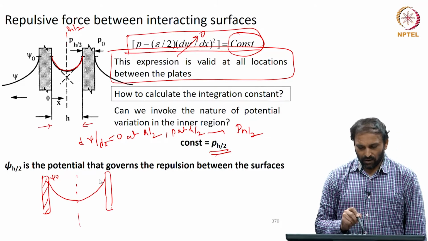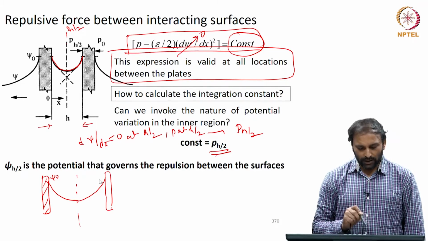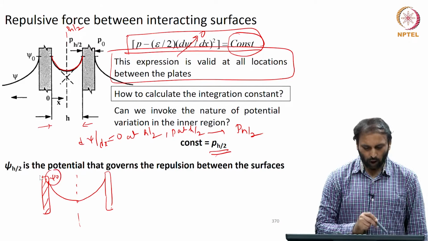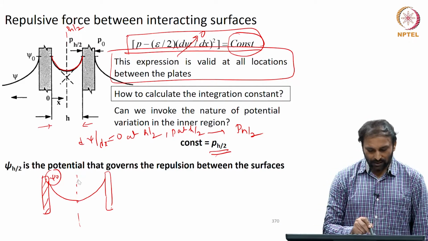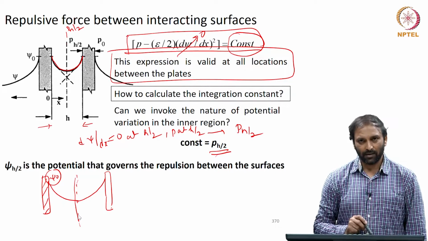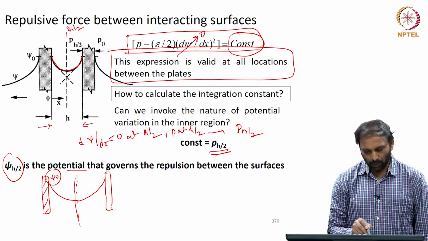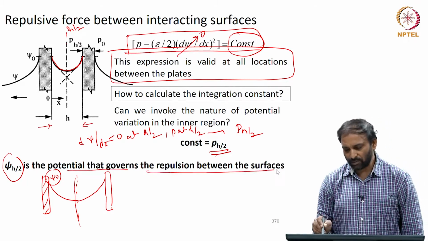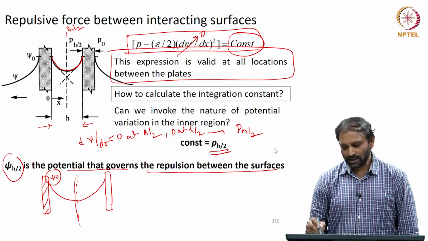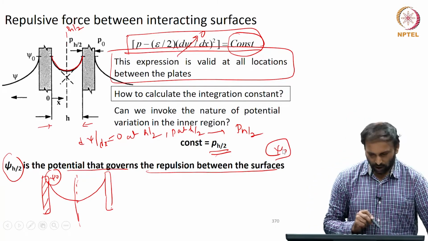So, the repulsion between the particles does not depend on what psi naught is, but on the potential at the overlap. Therefore, psi h by 2 is the potential that governs the repulsion between the surfaces, not psi naught.